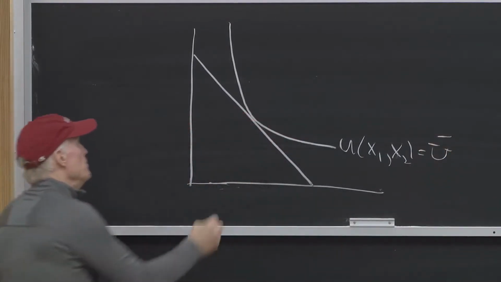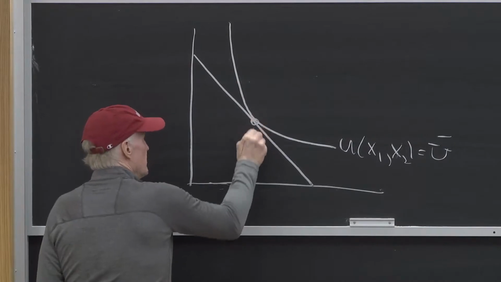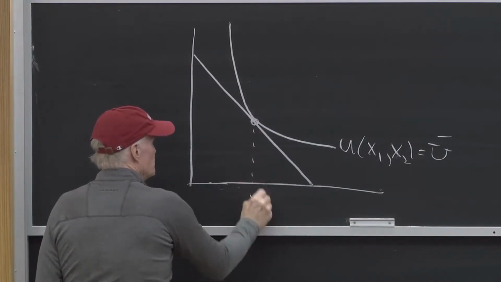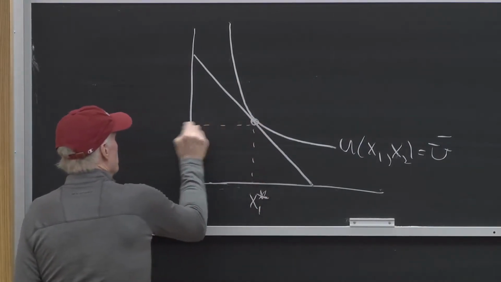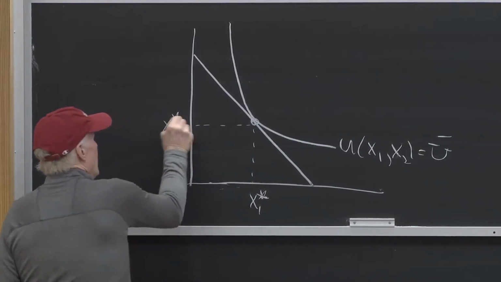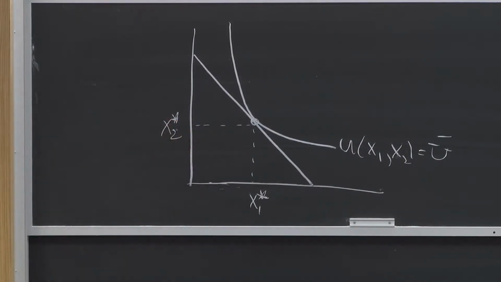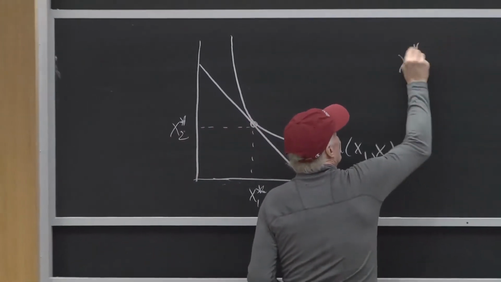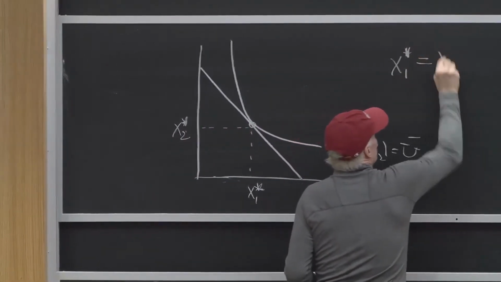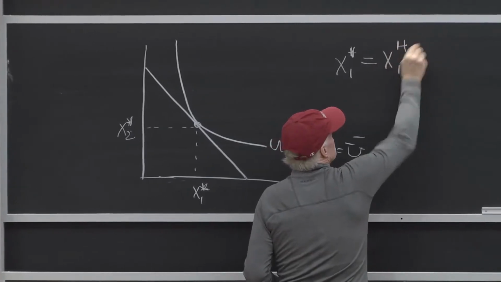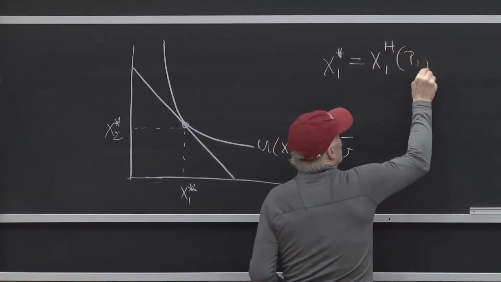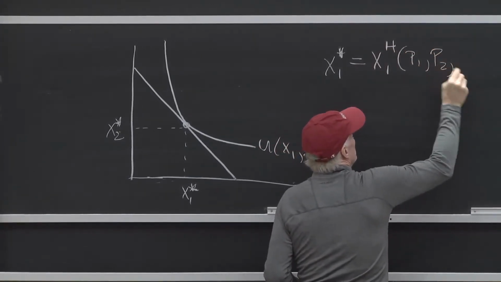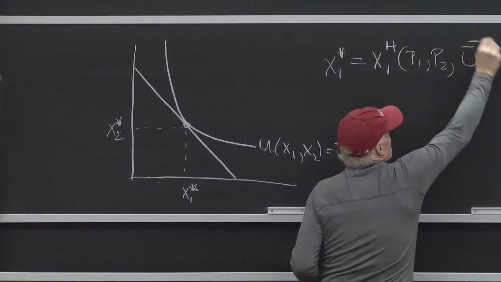And the consumer chooses some point, x1 star, x2 star. And you'd say, well, x1 star is equal to x1 Hicksian demand system of P1, P2, and U bar. Everybody would agree with that, right?